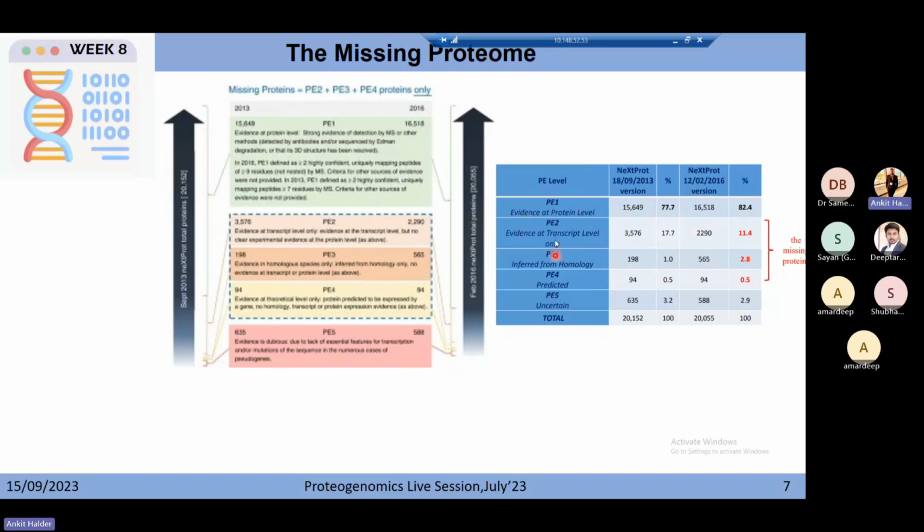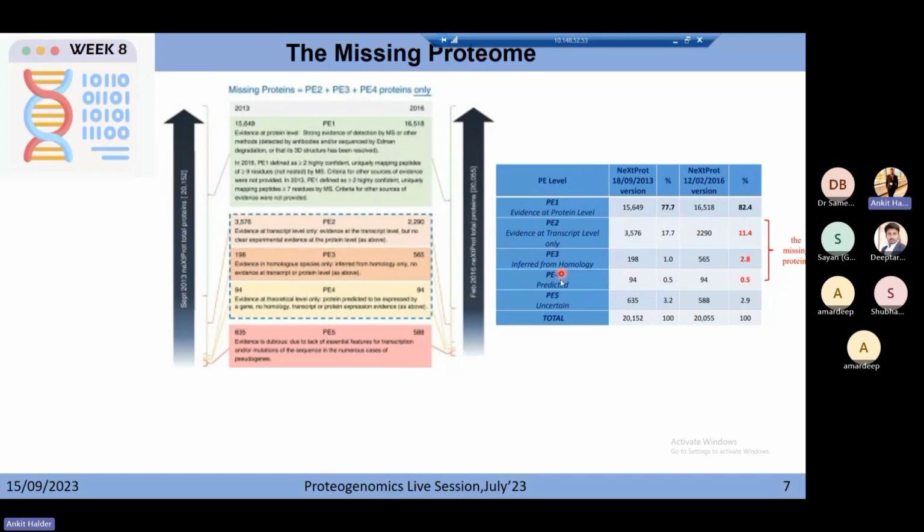Second is the evidence at the transcript level only. If you are getting your evidence at the transcript level only, that is your PE2. This is also getting reduced, but there still are those proteins which are detected or understood at the transcript level only, but are not able to be detected at the protein level.